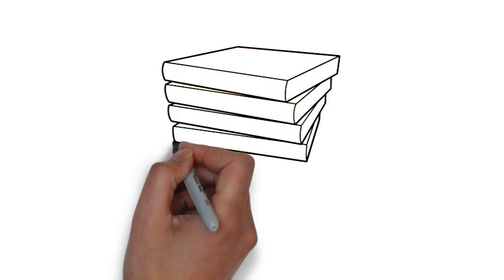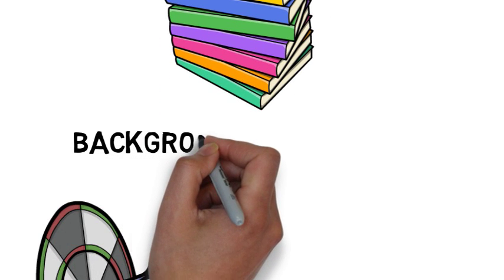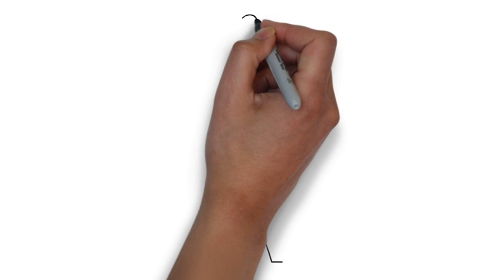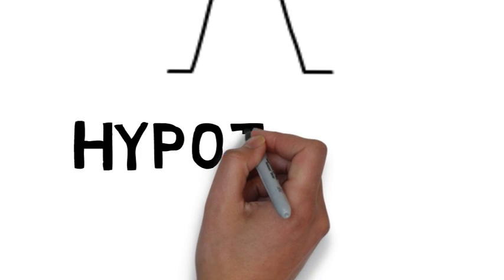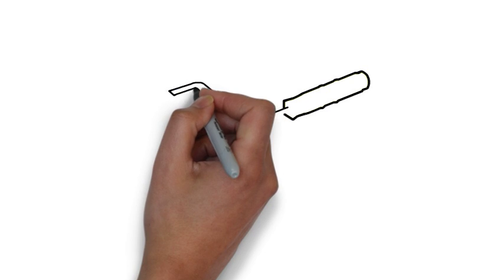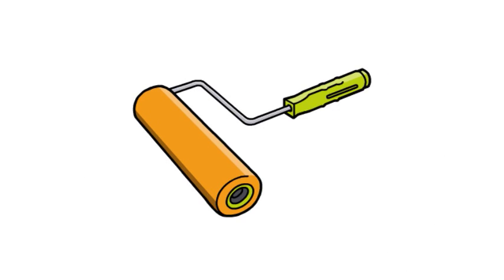Then find background information, review related research and other works in the same field. Hypothesis. So develop a theory that describes the problem, the contributing factors, and possible solutions. Research design. Begin the methodology of a specific research design for your study.